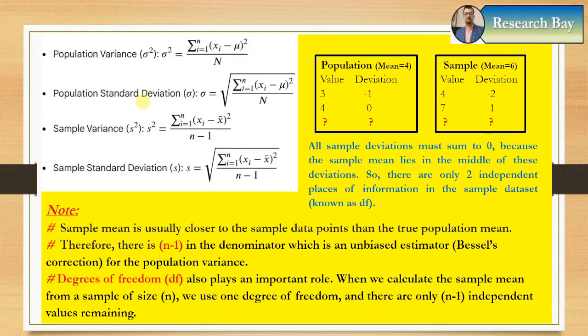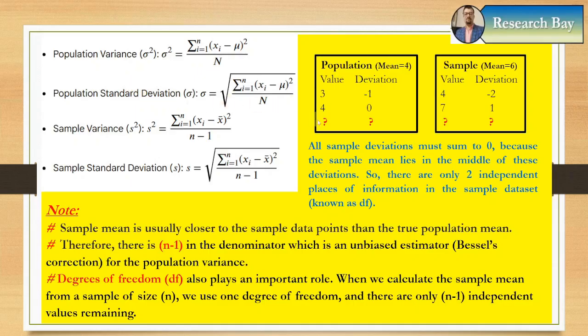It is expressed in the same units in which the original data was measured. So both are measures of dispersion of the data, and the difference is clear to us now.